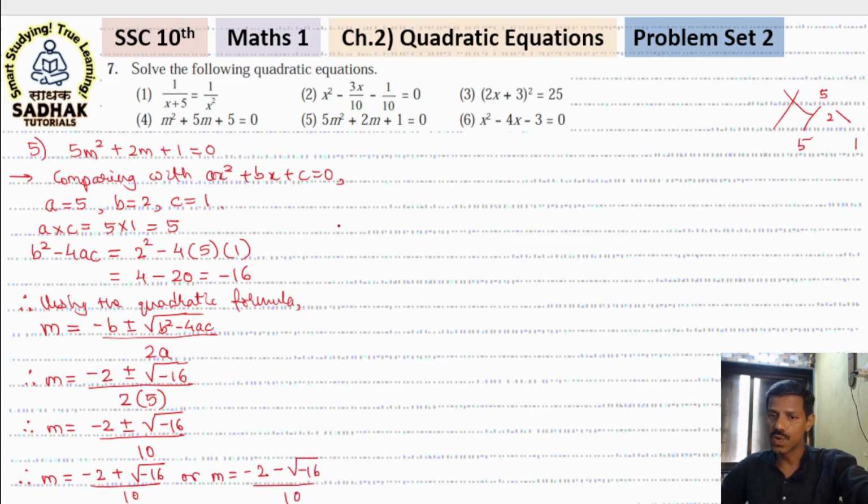Okay, so these are the roots of the given quadratic equation, but we can see that both these roots are not real. Here we can also mention that the value of the discriminant, b square minus 4ac, is less than 0, it is negative.